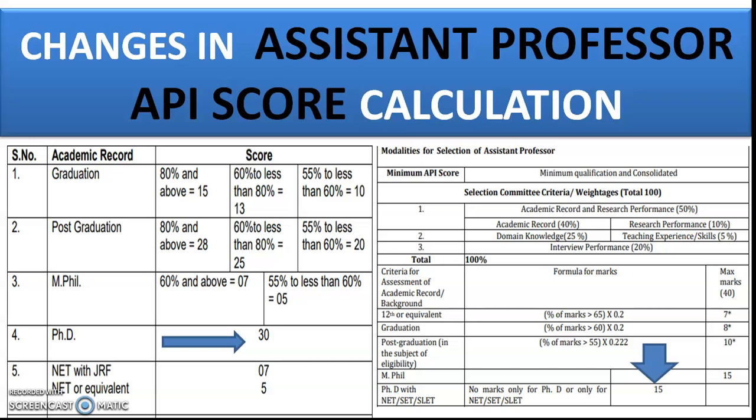As per this API table, the candidates who got the highest score will be shortlisted for the assistant professor interview, and only those candidates will be called and then the interview will be done. This is how the procedure follows in the government universities for the permanent assistant professor.